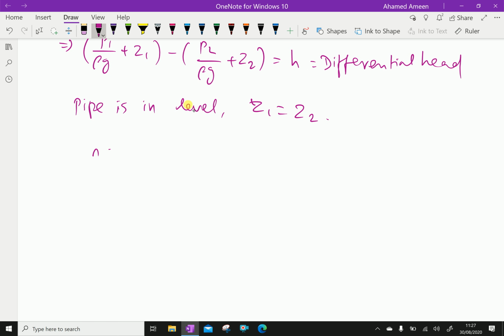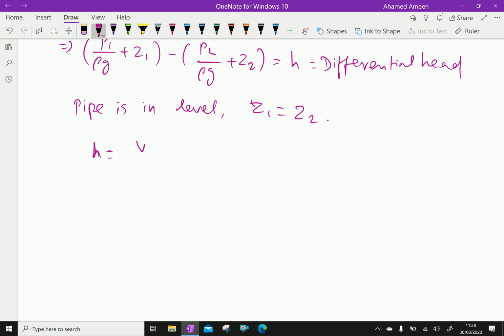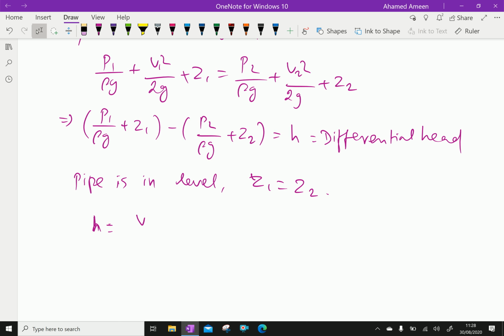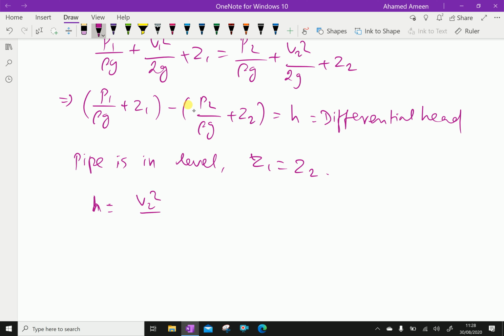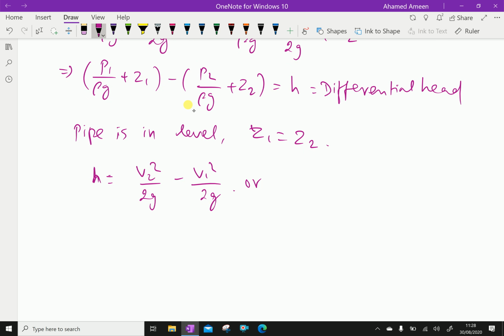Therefore we can write H equals V2 squared by 2g minus V1 squared by 2g, or 2gH equals V2 squared minus V1 squared, by cross multiplying.